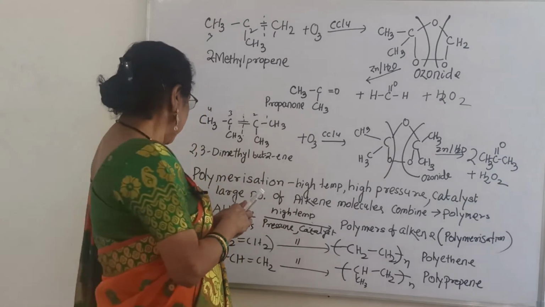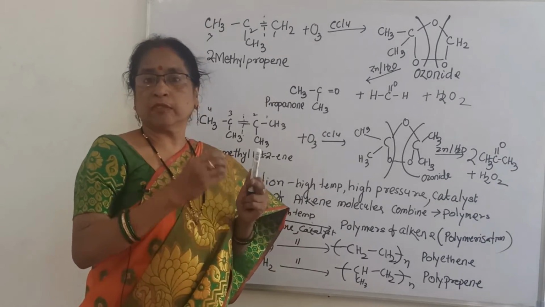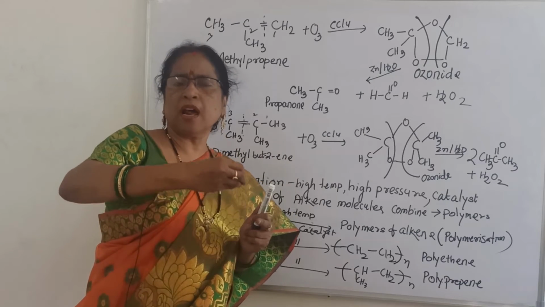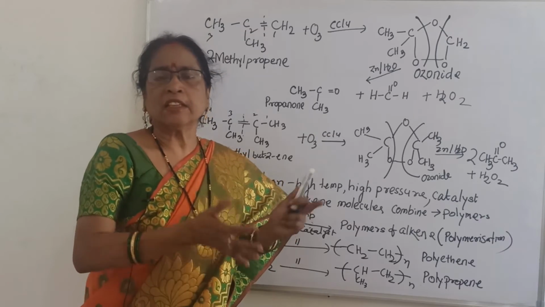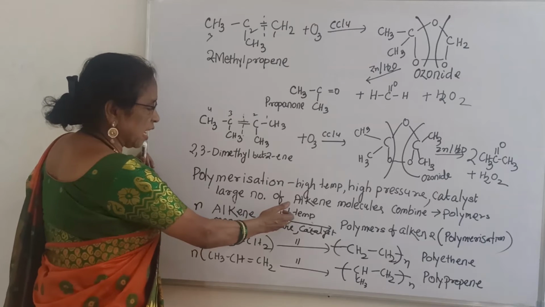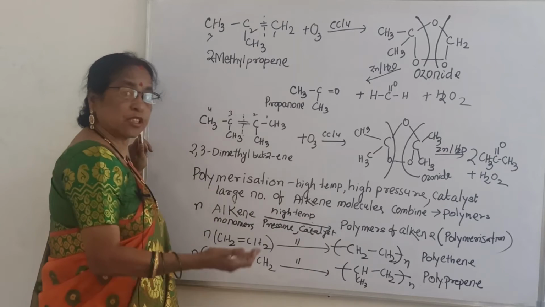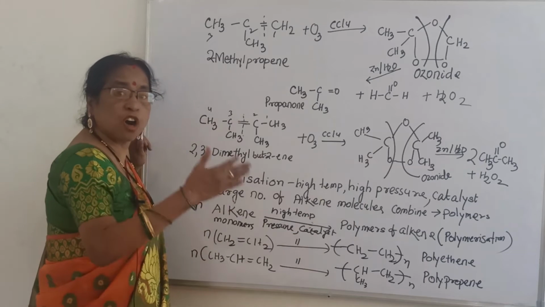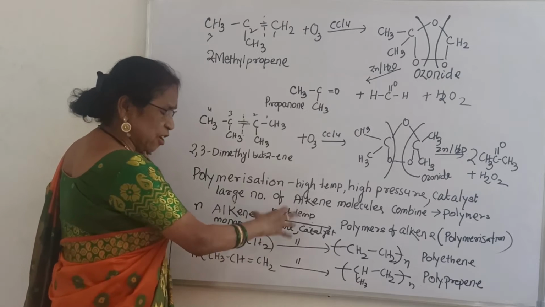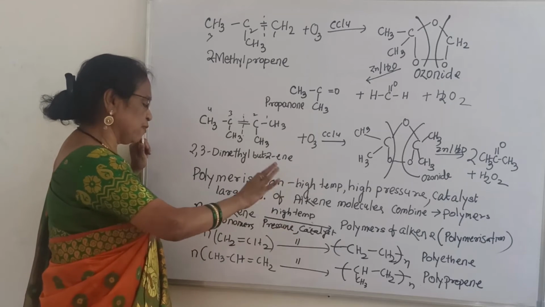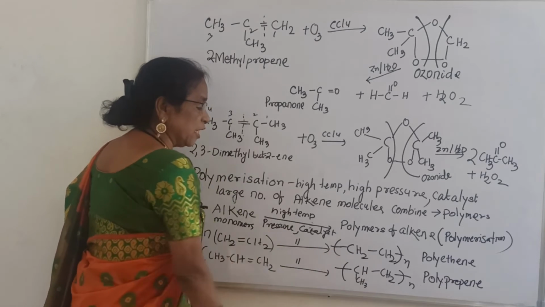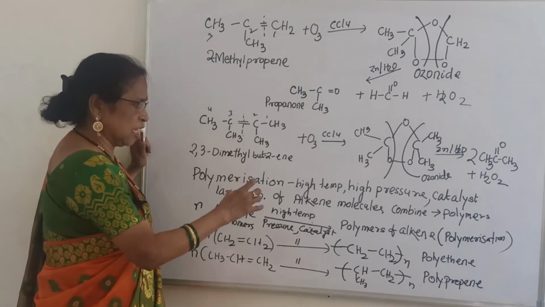Similarly, take a monomer, just like ethene. When you join a large number, that is called small n. When alkene monomers join with high temperature, pressure and catalyst, they form polymers, and that process is called polymerization. Unless there is high temperature, pressure and catalyst, no polymerization takes place. Now it is called polyethene. How can you write this?